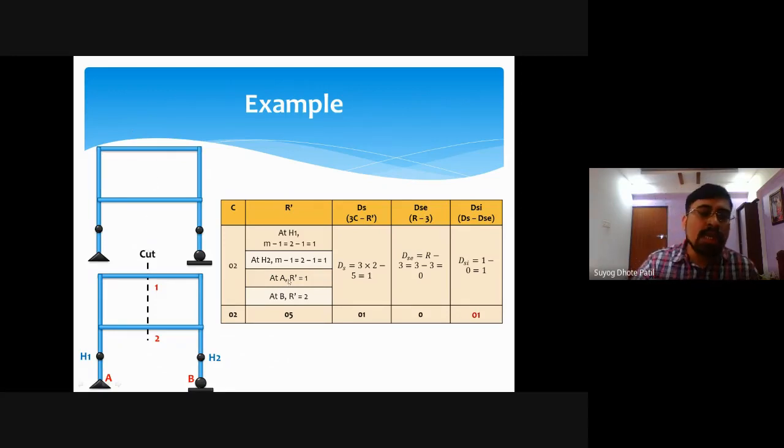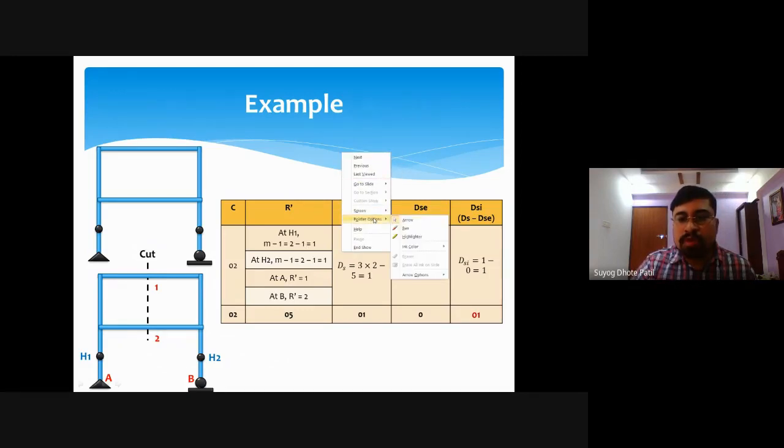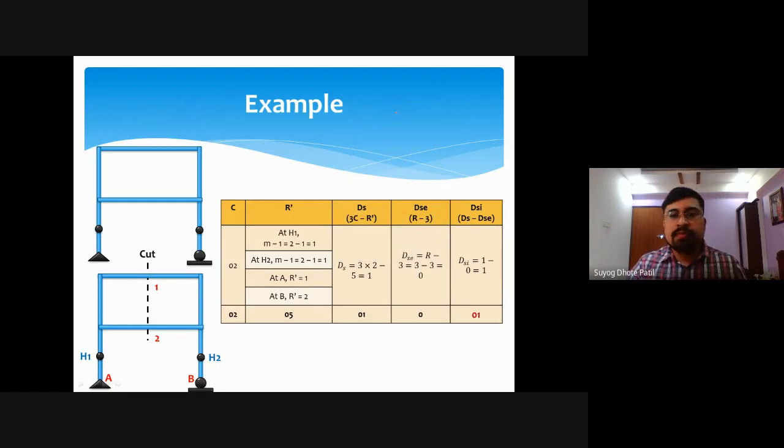After cutting, what will we have? See, if I cut, this will be my root. You can say this is my hinge support. This is a root. And if I cut this whole frame from here, we can say after cutting, these two frames will move apart.